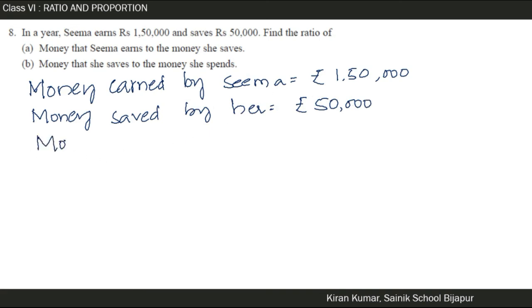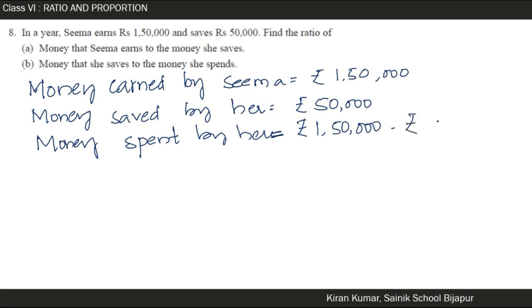Therefore, the money she spent will be rupees 1,50,000 minus rupees 50,000, and we get it as rupees 1 lakh. Now we can find out the ratio.